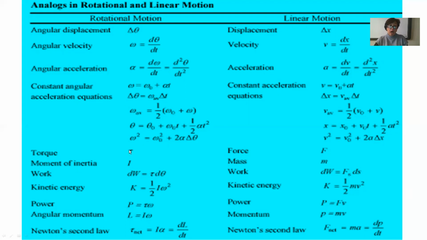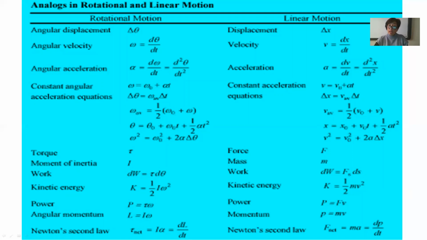Torque tau corresponds to force F. The moment of inertia corresponds to mass. For work, we know the formula for elementary work, and here is the elementary work for rotational motion. Then power, angular momentum, and Newton's second law.